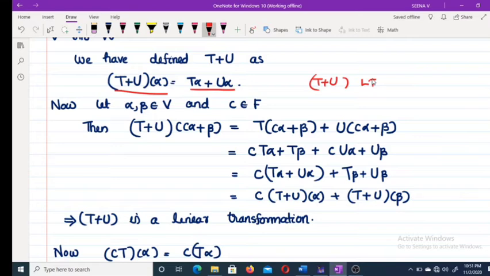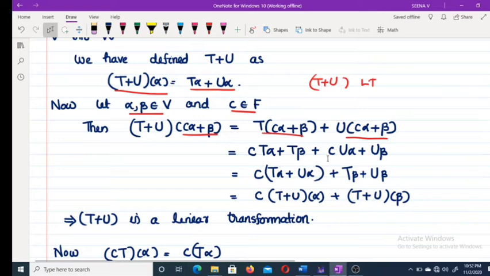For this, take some alpha, beta belonging to V, and c belonging to F. Then (T plus U) of (c alpha plus beta), by definition, is equal to T of (c alpha plus beta) plus U of (c alpha plus beta). Now, as T is a linear transformation, this you can write as c T alpha plus T beta. As U is also a linear transformation, this you can write as c U alpha plus U beta.